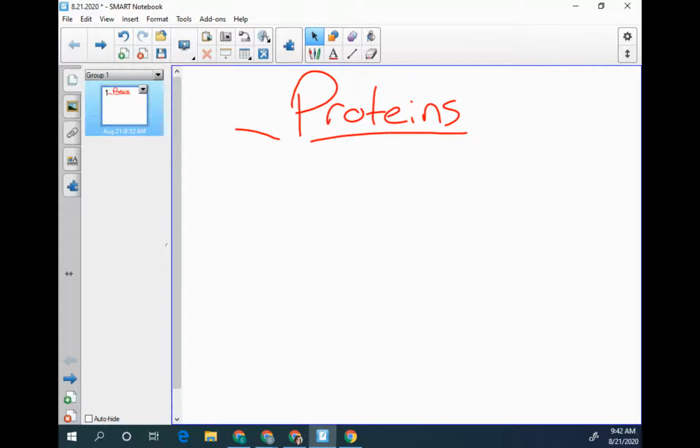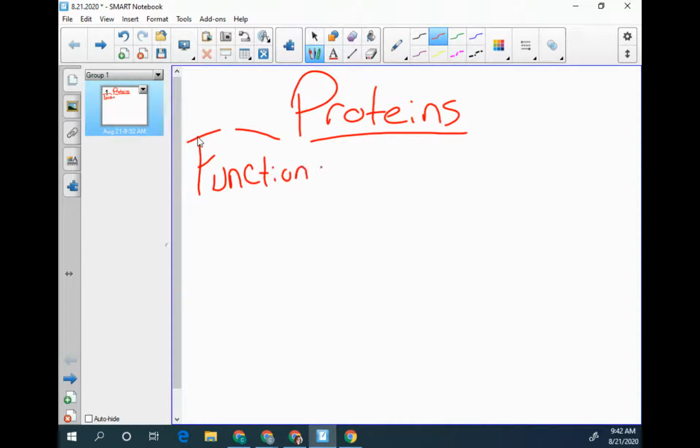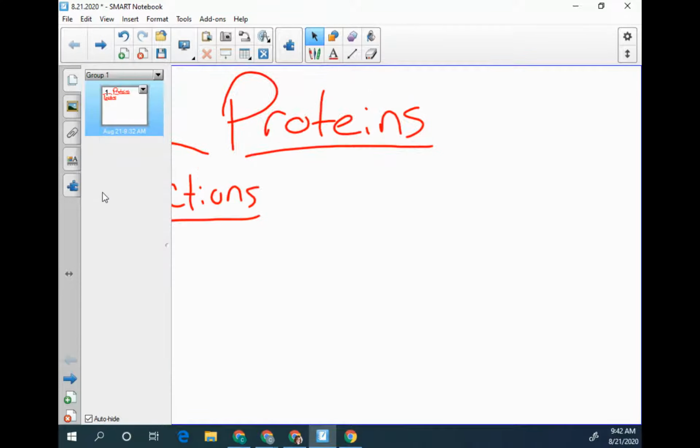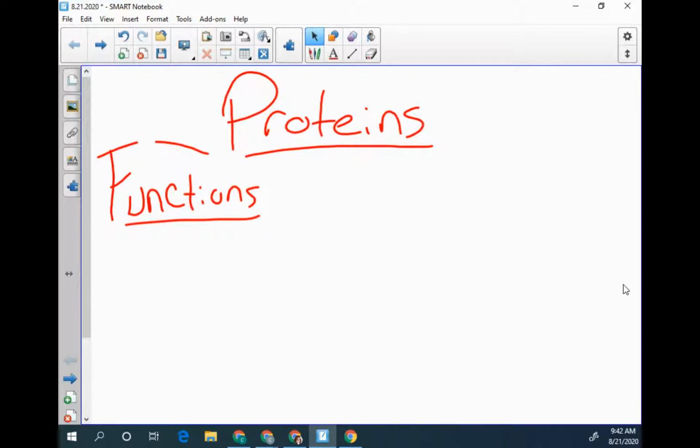All right. So, we're going to start out talking specifically about protein functions, because protein functions are literally almost everything that we do; it kind of boils down to proteins.